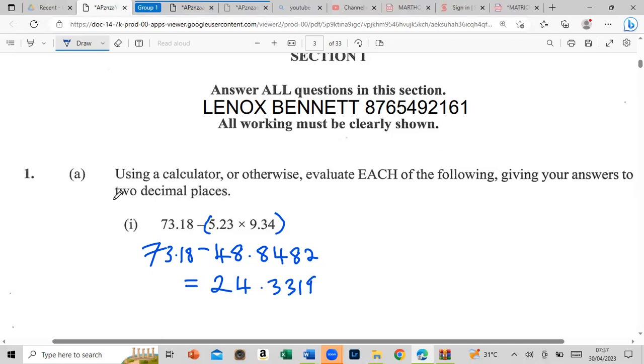Now they did say to two decimal places. That means two numbers must come after the decimal point. So we have 24.33, and we go to the third one, which is 1. 1 is less than 5, so we can drop it. And that would be your answer.